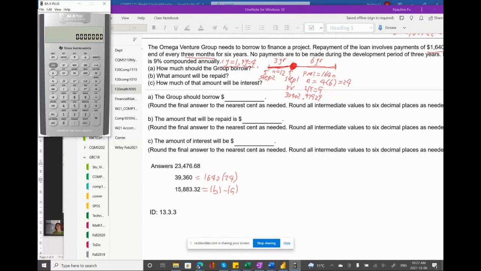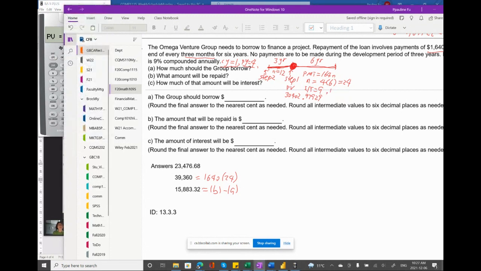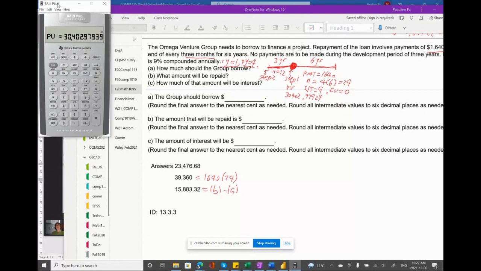Then 1,640 negative PMT, 0 FV, 9 is I/Y, 24 is term N. Compute PV. I get this PV number, and I write it down here.